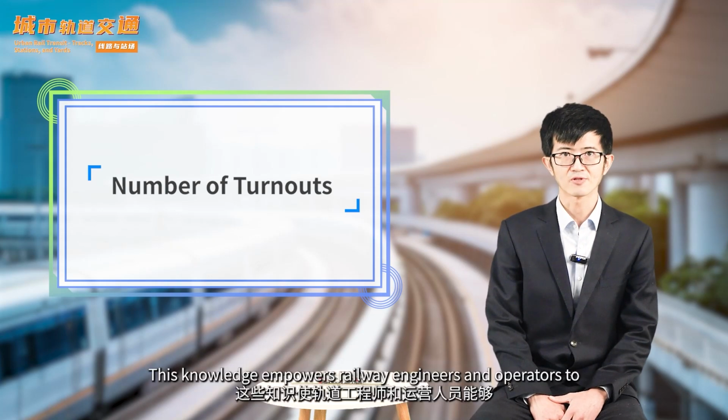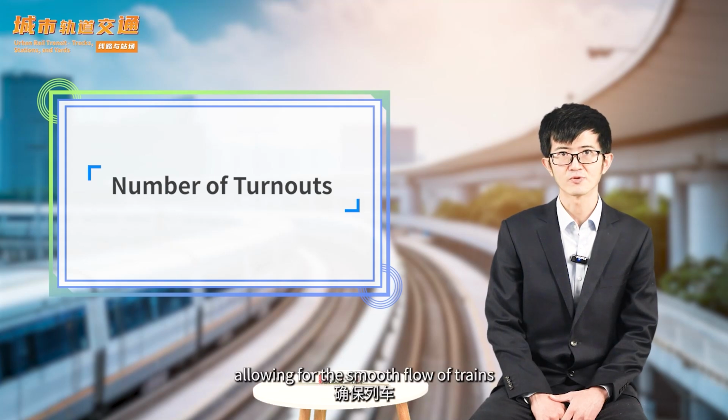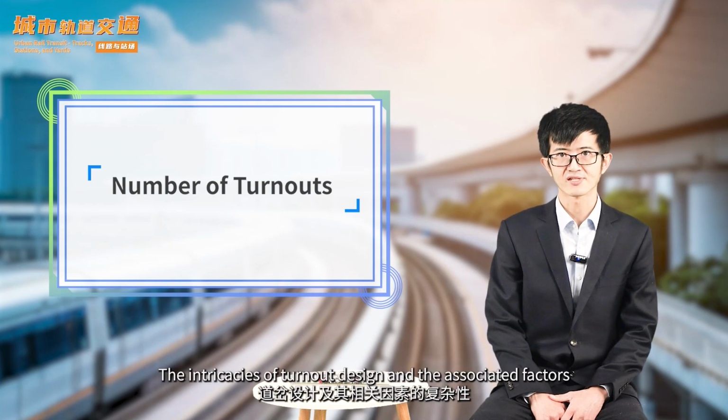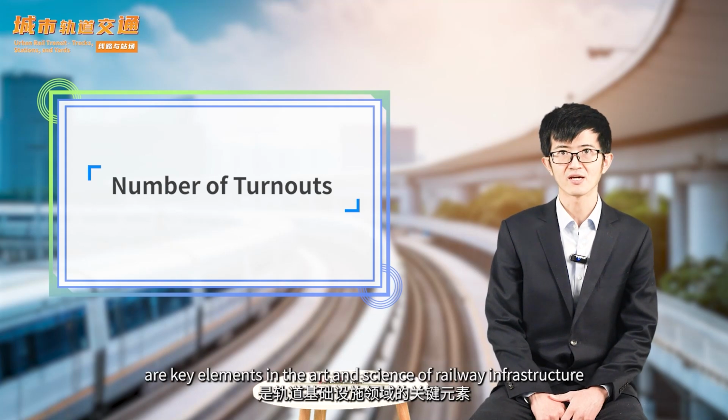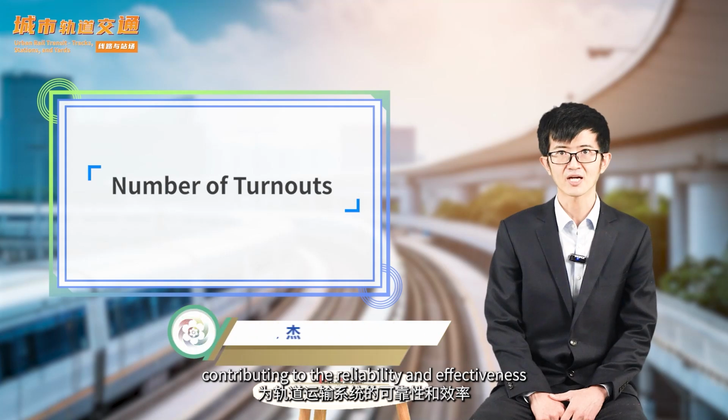This knowledge empowers railway engineers and operators to make informed decisions when planning and constructing rail networks, allowing for the smooth flow of trains through various branch lines and sidings. The intricacies of turnout design and associated factors are key elements in the art and science of railway infrastructure, contributing to the reliability and effectiveness of rail transportation systems.